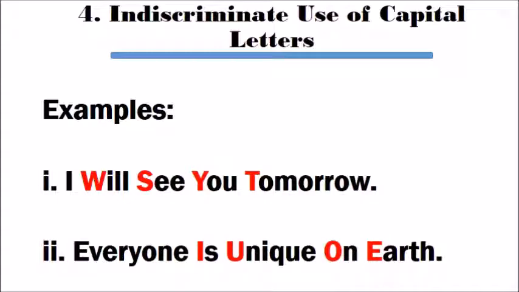Is unique on earth should not begin with capital letters. They should begin with small letters, because none of them is a proper noun, and they are not beginning quotes, they are not beginning sentences. Of course, you should not also write using capital letters all the way, except you're writing a title, and if you use capital letters all the way, then you should not underline.